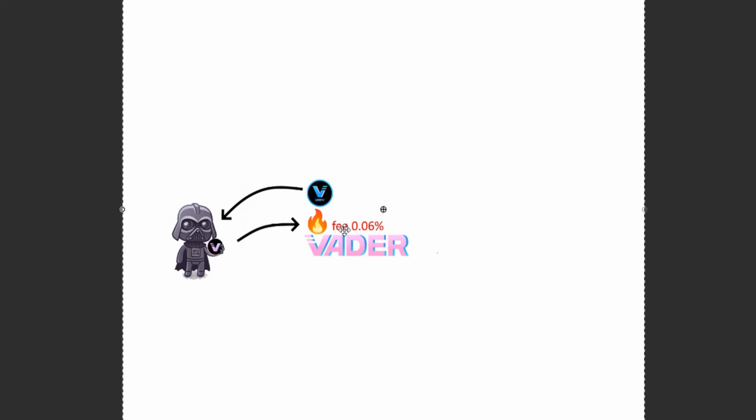Now he will get the same US dollar value minus the small burning fee of 0.06. This number will fluctuate, but it's pretty low now. So you can burn these VADER tokens and get some USDV in your wallet. Now he has a stable coin worth the same value as the VADER tokens that he had. Now what can he do with USDV?